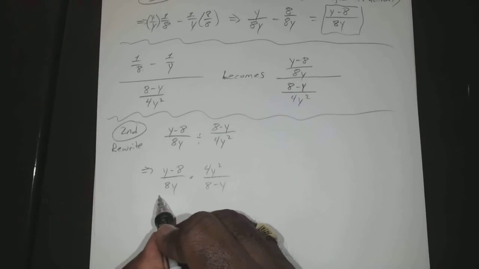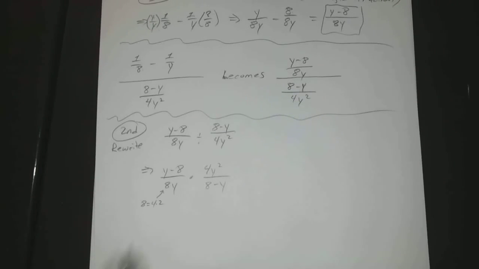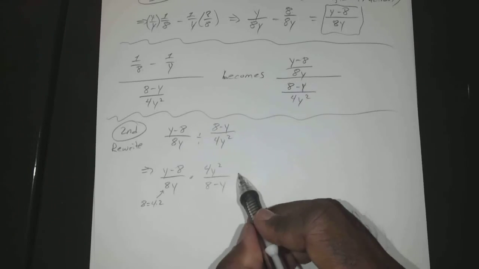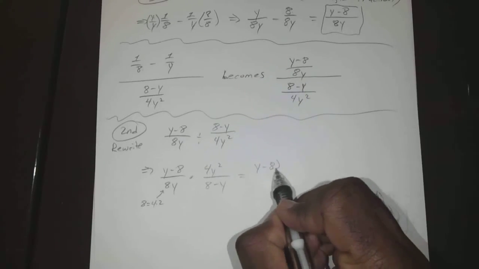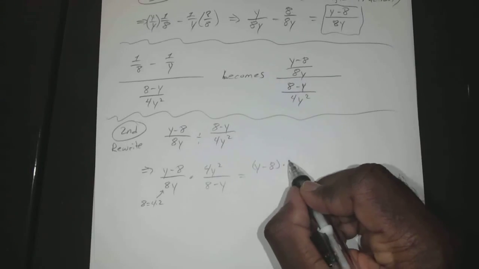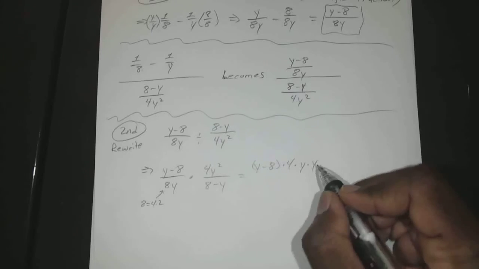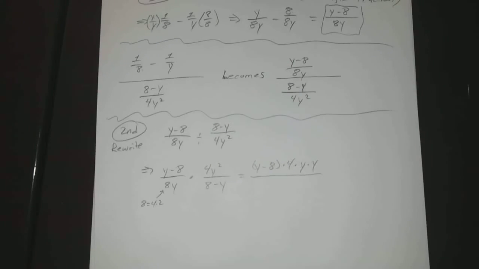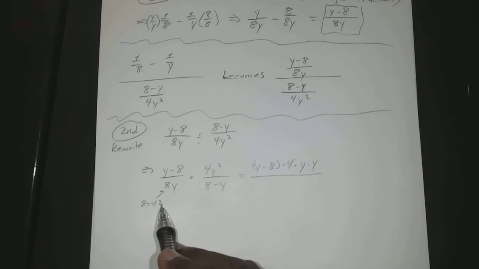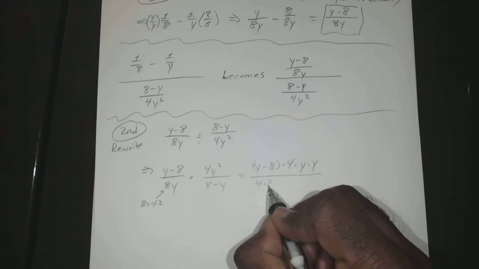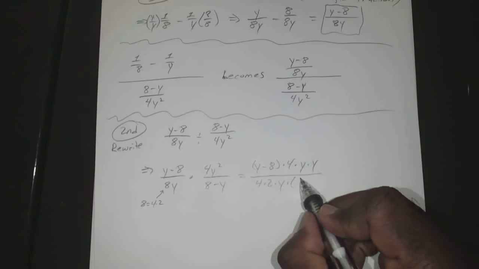Okay, so if we're canceling, you know that 8 is equal to 4 times 2. So if we want to rewrite, you can. So you have y minus 8 times 4, and instead of y squared, I'll just make it y times y, all over, instead of 8 times y, make it 4 times 2 times y, times 8 minus y.